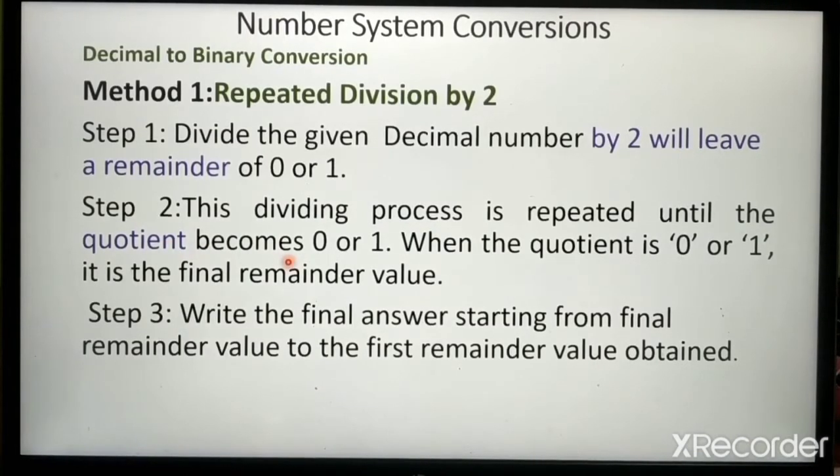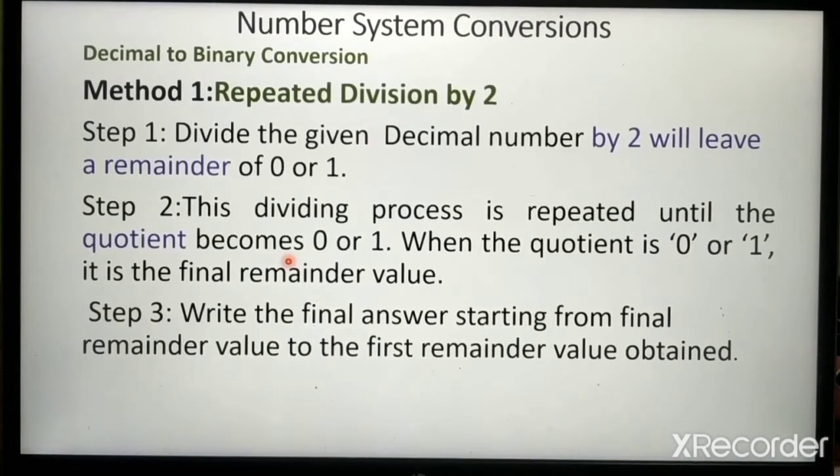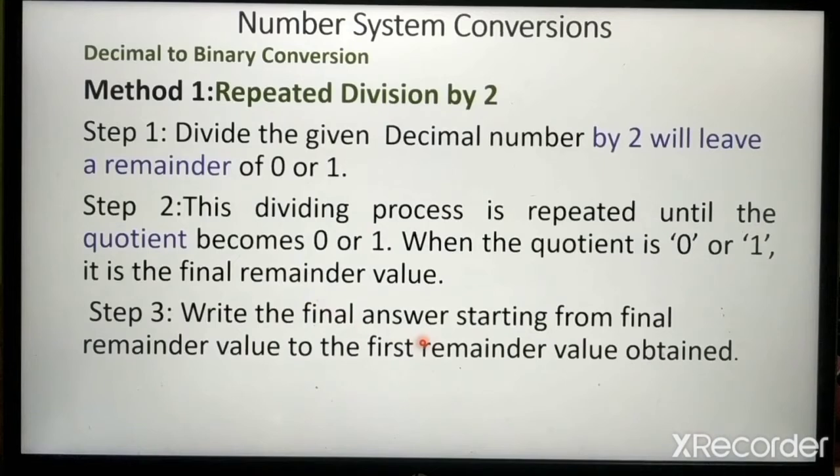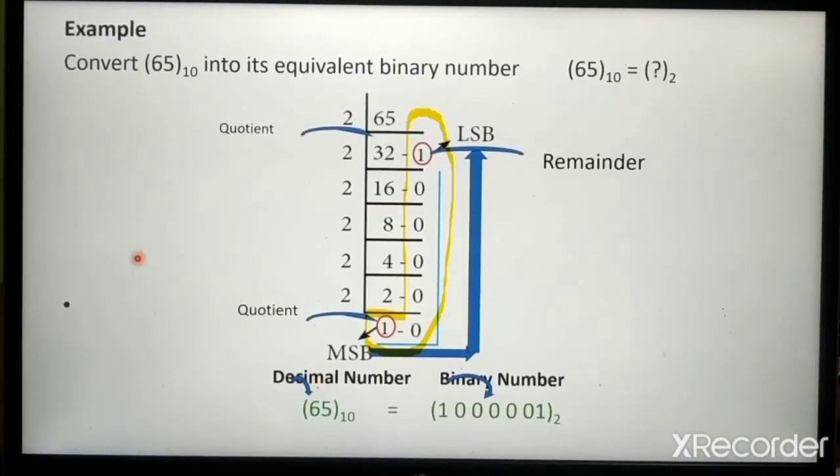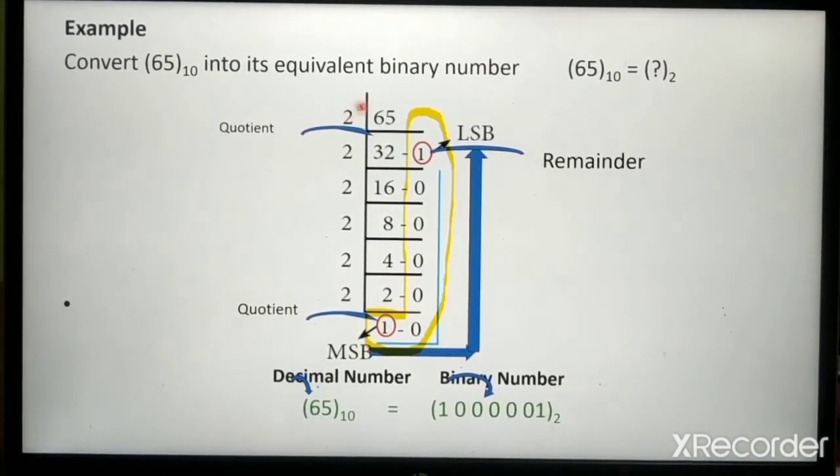When you get the quotient as 0 or 1, you can stop the process and write the result. How to write the final solution? We write the final answer from the final remainder value to the first remainder value along with the last quotient value.